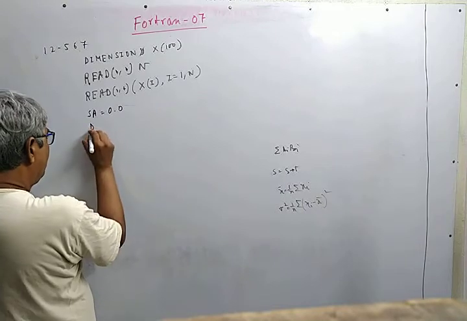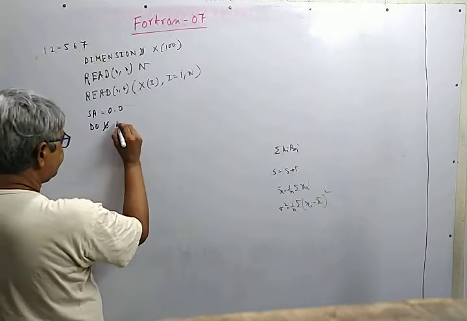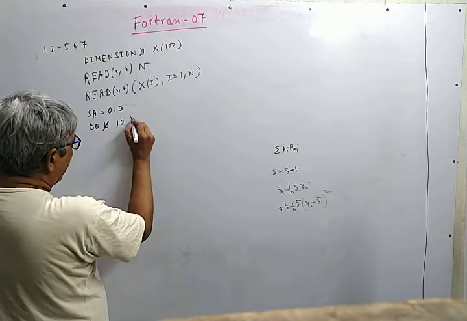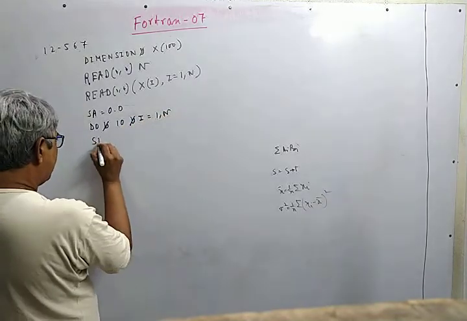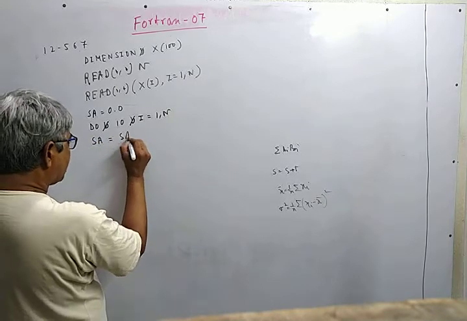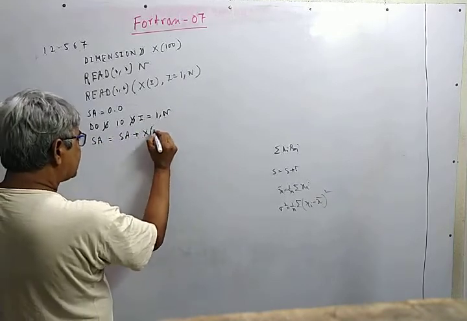Then we calculate: do 10 I is equal to 1 comma n. S average is equal to S average plus x(I).